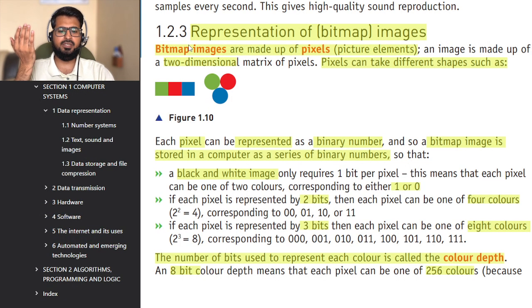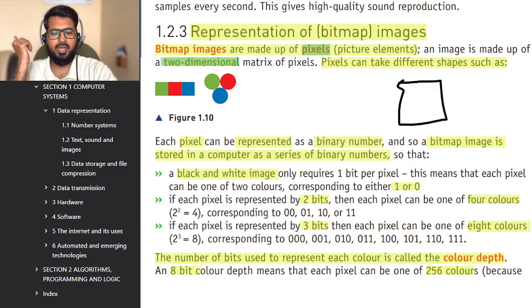We are discussing the representation of bitmap images, right? And bitmap images are made up of pixels. We discussed that, and they are in two dimensions. We are discussing 2D images, so we will consider the width and the height of the image to calculate the complete image size. For example, if this is the image, it should have some kind of rows and columns.